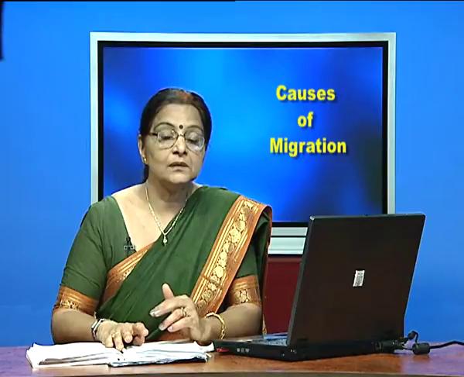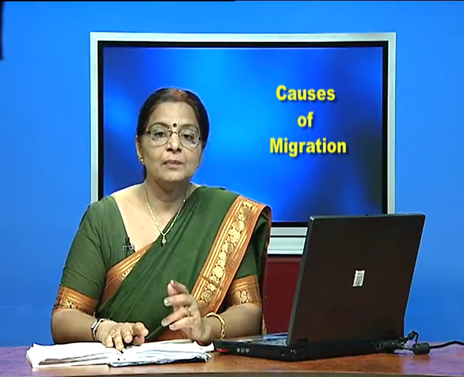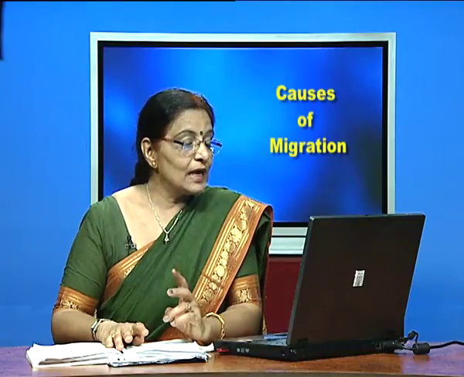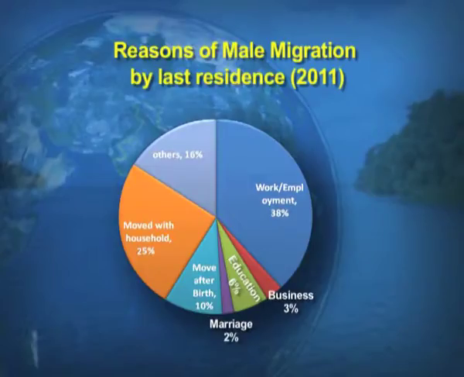Others may include education, maybe better facilities of life. And around 10% of the migration of males is when they move after their birth. That means their movement after birth is the change of residence in that case.